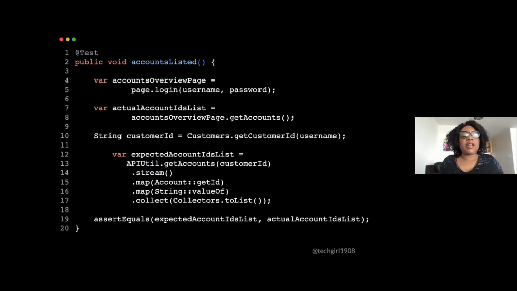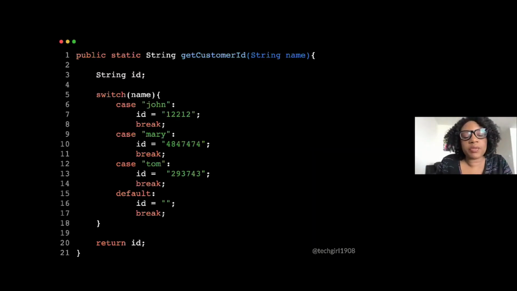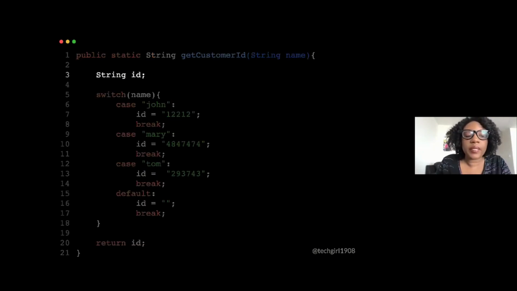All right, let's see what else we can modernize. How about we look inside of this getCustomerID method. This method is holding our test data, and based on the name on the account, it's returning the account ID. So this is using switch statements, and notice we have to declare the variable.